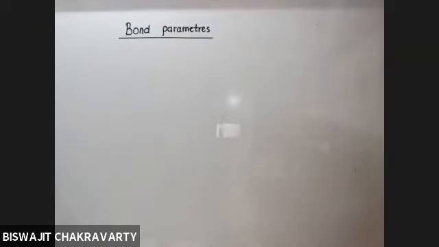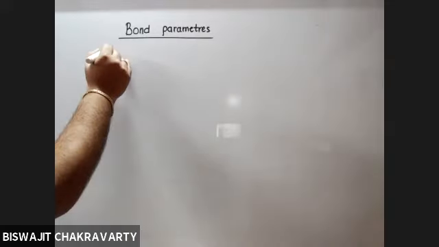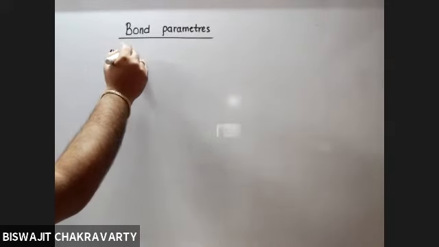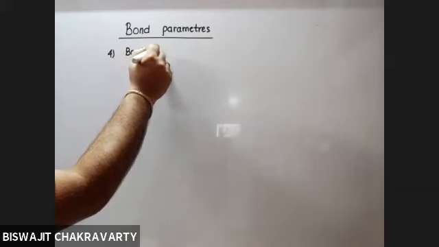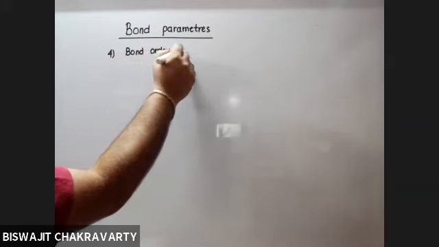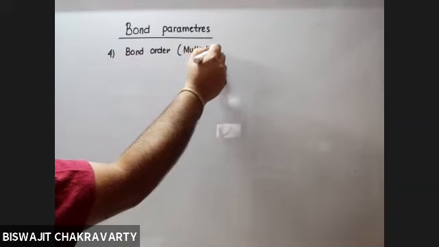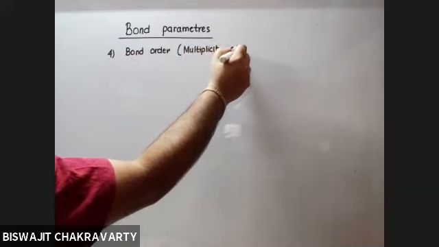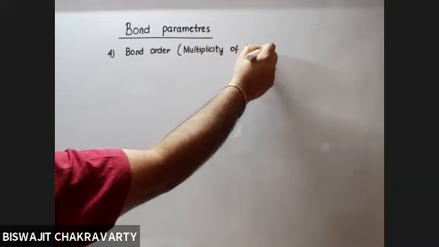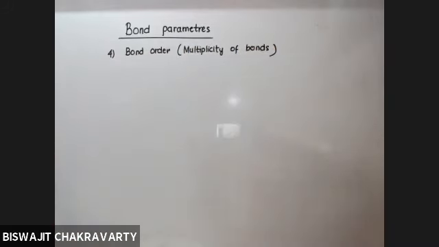Can you tell me? What is another term for bond order? It is multiplicity of bond, isn't it? That means the number of bonds present between two combining atoms.